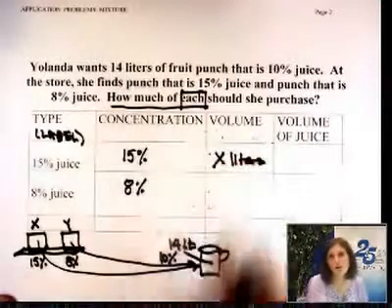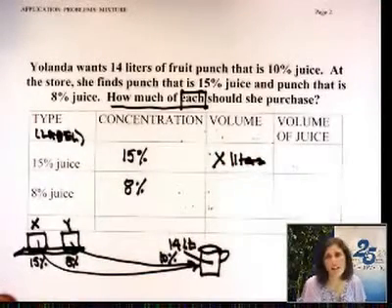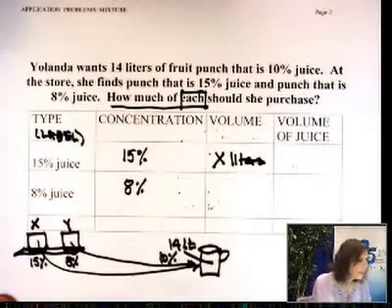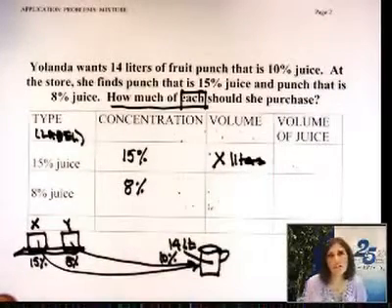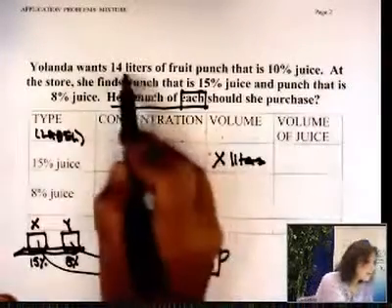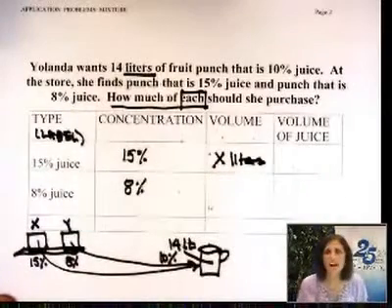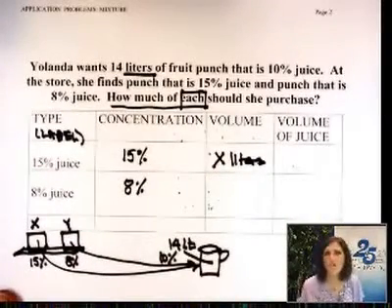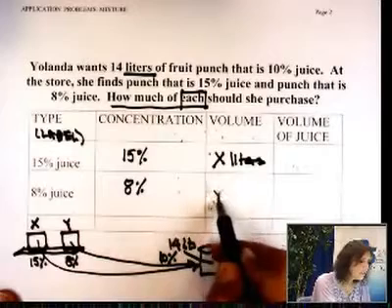So I put the definition of X and Y inside my table. That makes sense? And how do I know it's in liters? Why isn't it in gallons? Since the question is asked in liters, I might as well put liters.